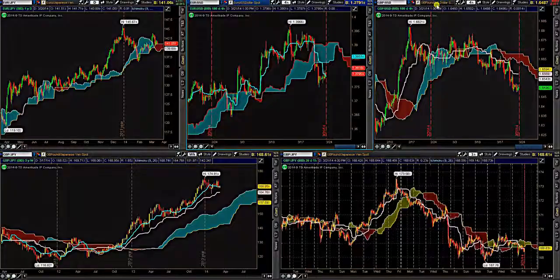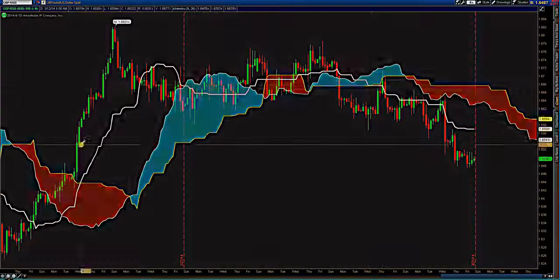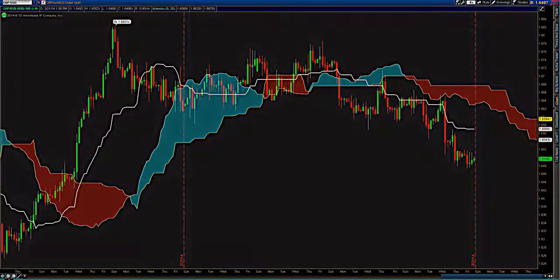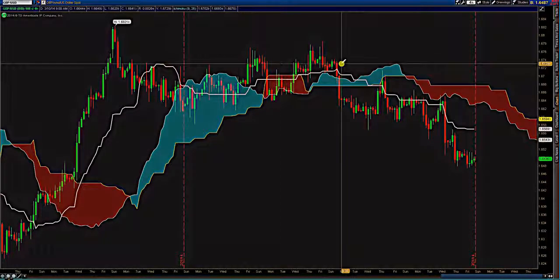Now let's take a look at the Kijun-sen. The Kijun-sen, outlined in beige, basically represents the medium-term movement for price. Now I like the Kijun-sen a lot.